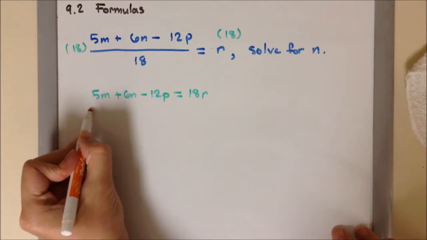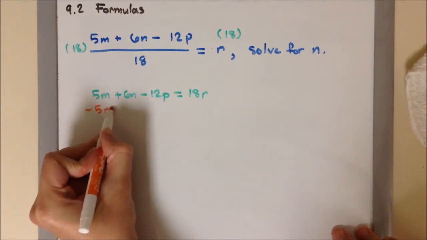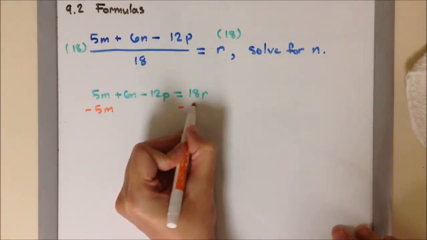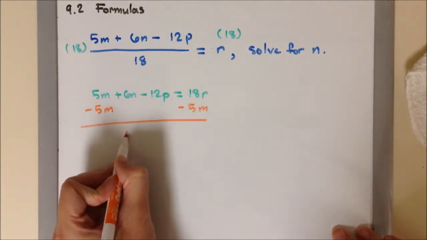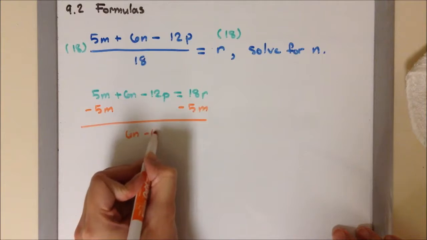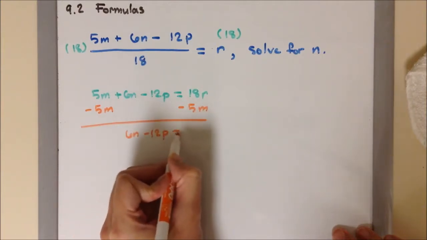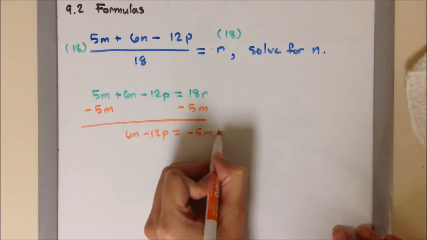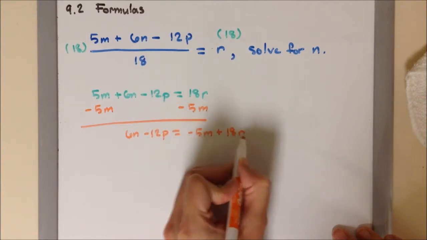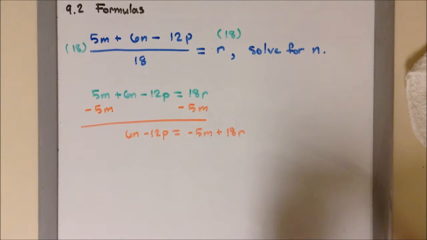So say I want to cancel out the 5m. So here I'm just going to do one step at a time. So 6n minus 12p equal to negative 5m plus 18r. Again, I'm just putting the variables in alphabetical order.